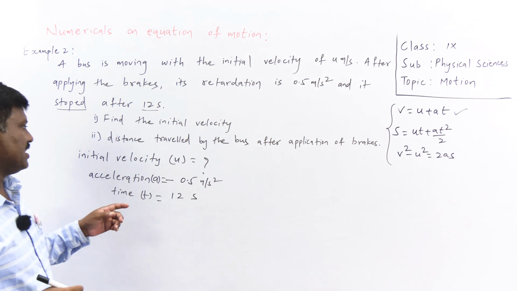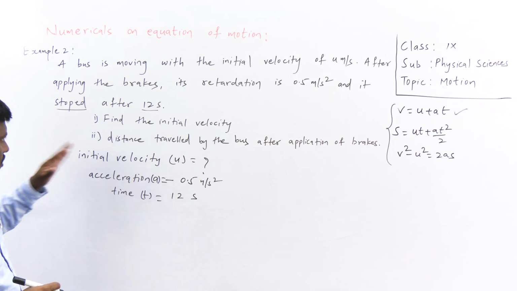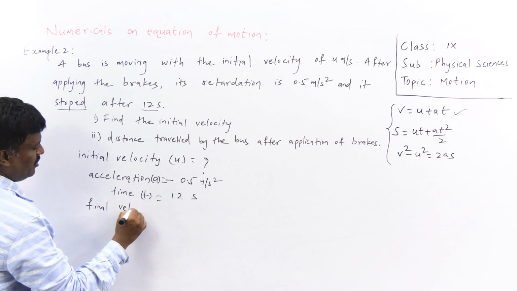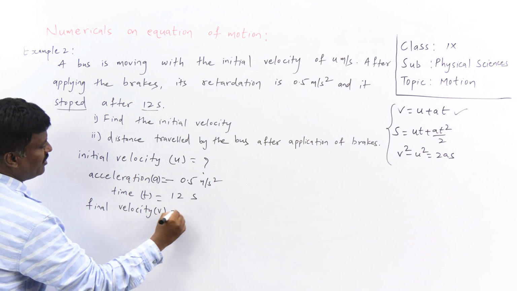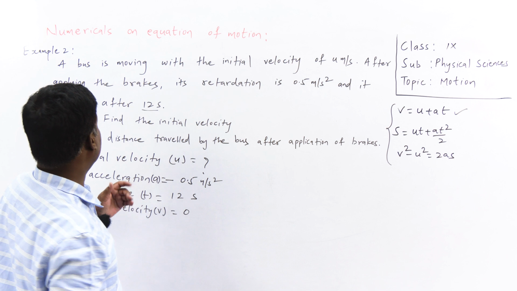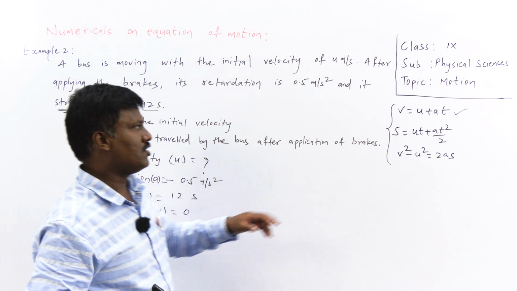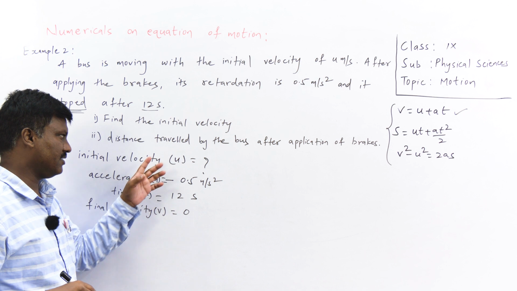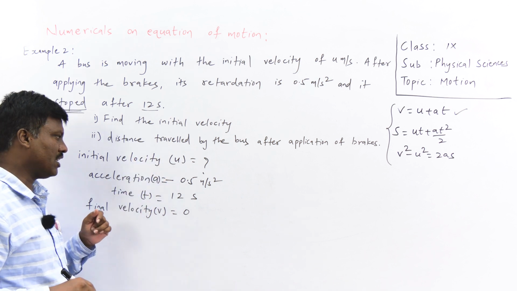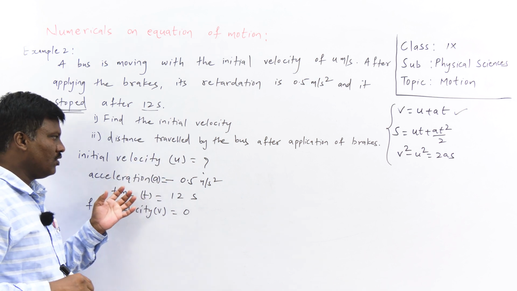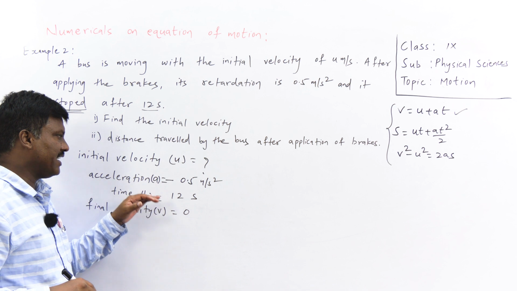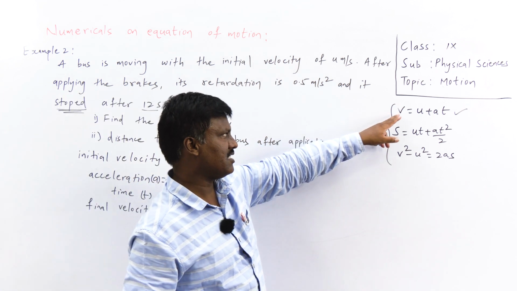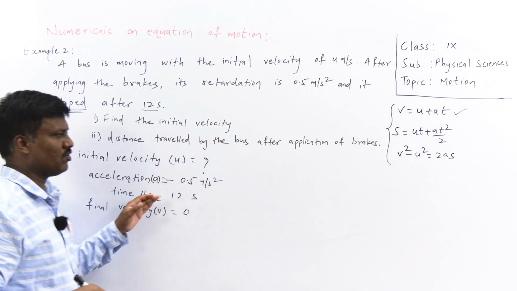Here it is stopped, so final velocity v will be 0 because it is stopped, right? So here v, u, a, t, these 4 values we have. Now to find the initial velocity, we are going to use the first equation of motion, because this equation gives a relation among these 4 quantities.